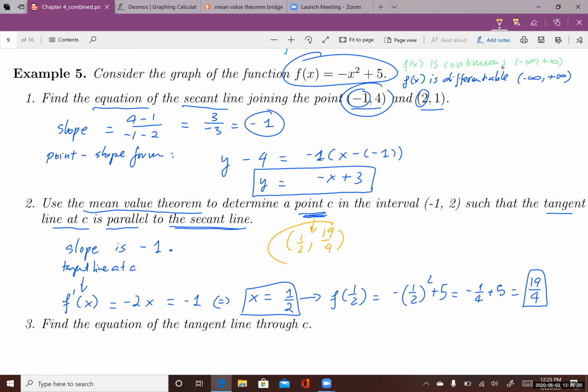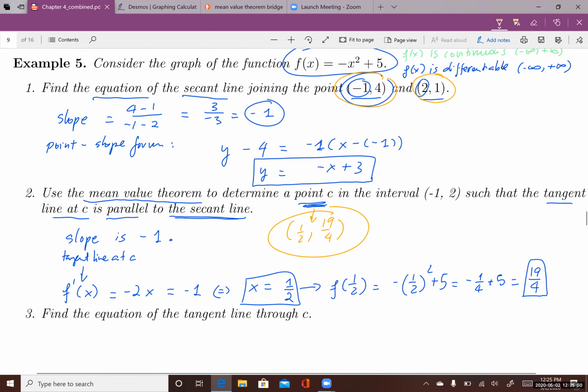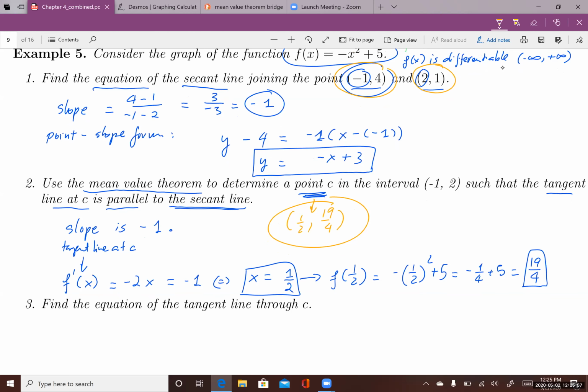So at this point on the function -x squared plus 5, the tangent line is parallel to the secant line that goes through (-1, 4) and (2, 1). We know that this point C exists due to the mean value theorem.